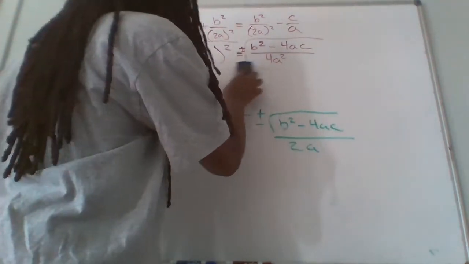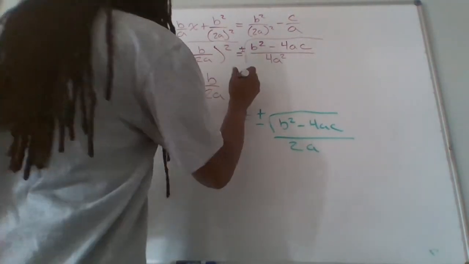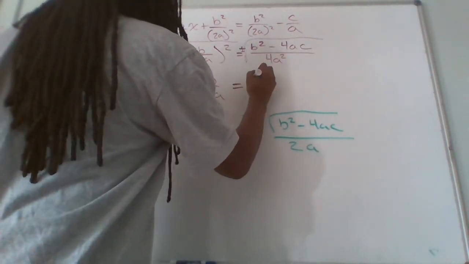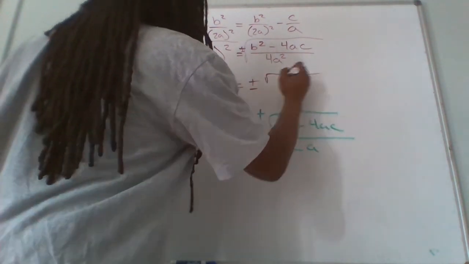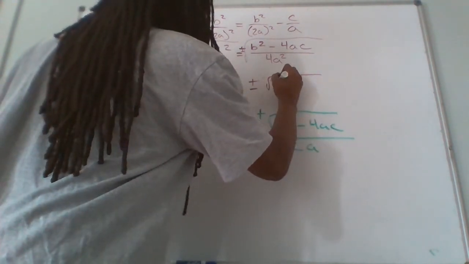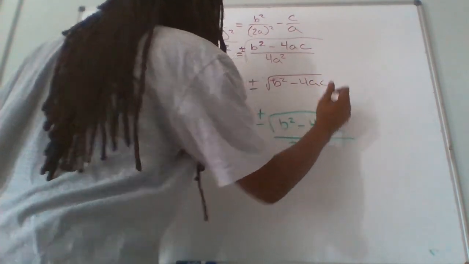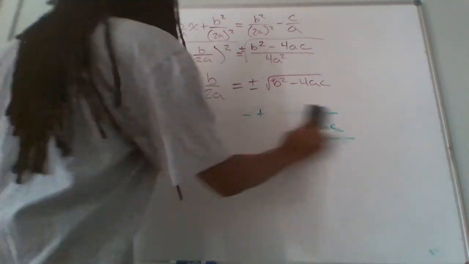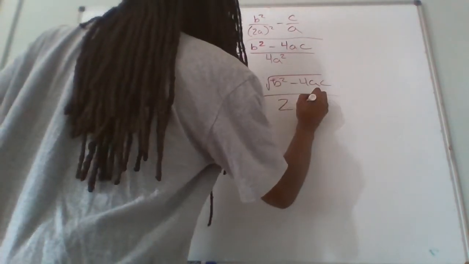Oh, that one was ugly anyway. So we get is equal to plus or minus the square root of b squared minus 4ac all over 2a.